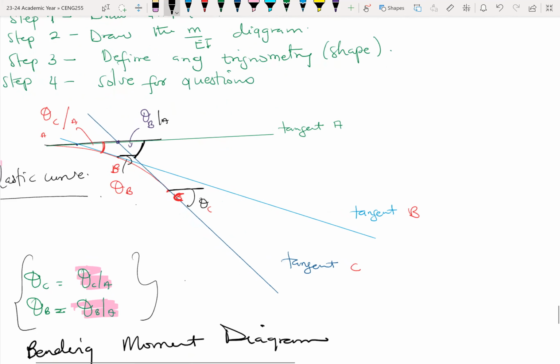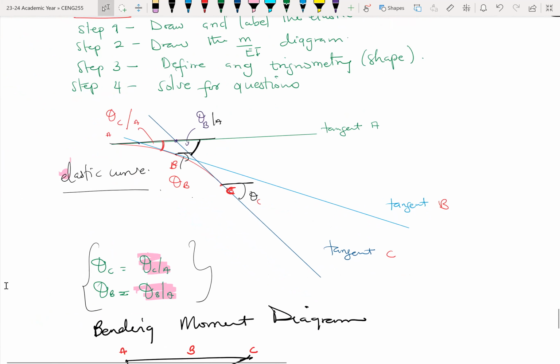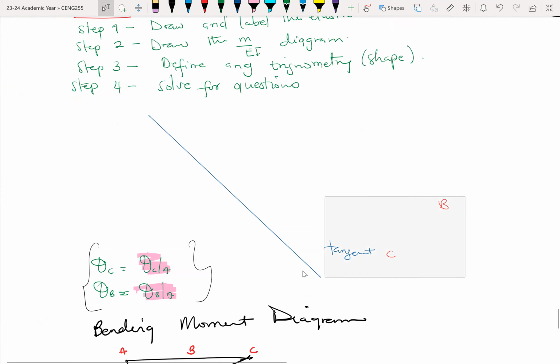Delta CA. Okay, that's fine. So let me delete this and then get you a proper curve. Let me see if I can draw a proper curve so that it doesn't become confusing.